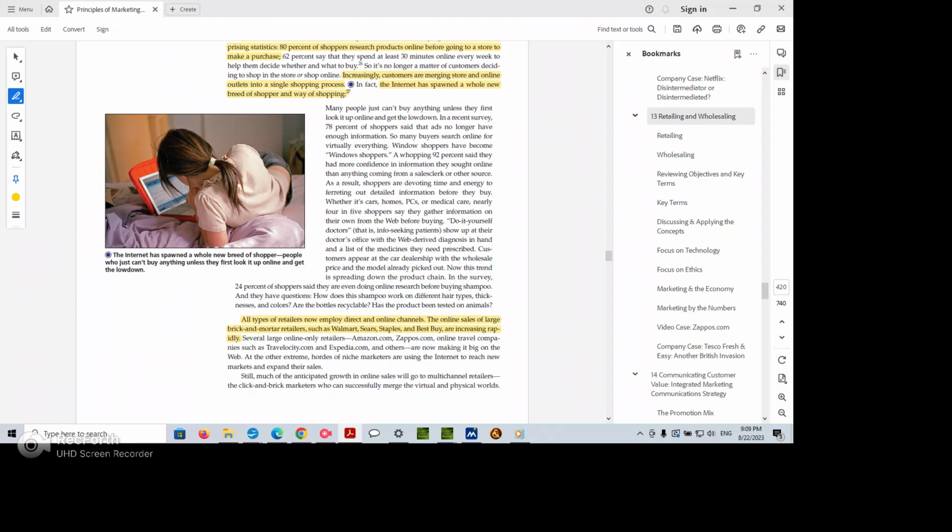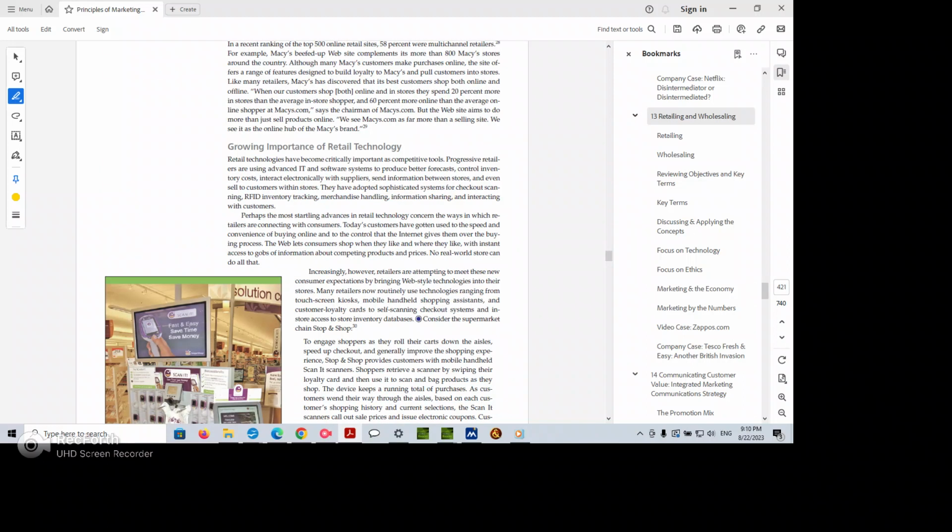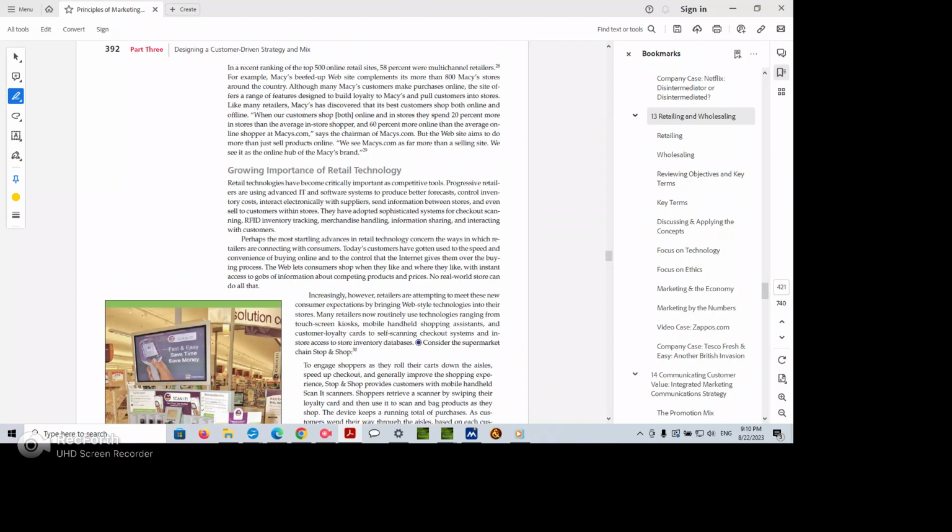On the other extreme, hordes of niche marketers are using the internet to reach new markets and expand their sales. This is where niche marketing can help by using the internet. Still, much of the anticipated growth in online sales will go to multi-channel retailers, that is, the click-and-brick marketers who can successfully merge their virtual and physical worlds.